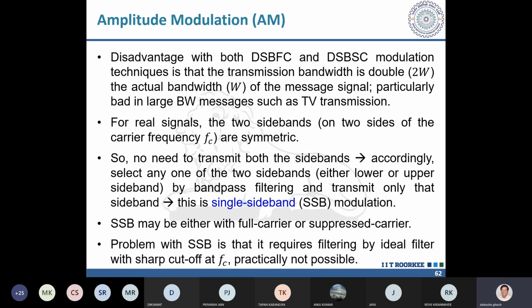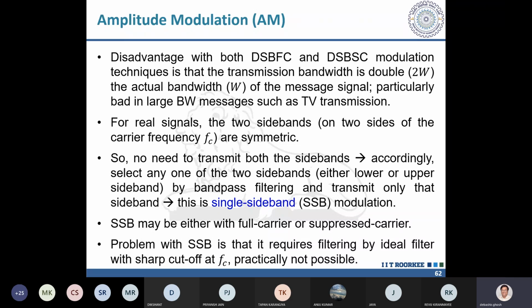This requires more power for the carrier to be transmitted. This requires less power, but this one is easy to demodulate. But both of them have that problem of double sideband. So the transmission bandwidth is increased, and that again has to be taken care of.